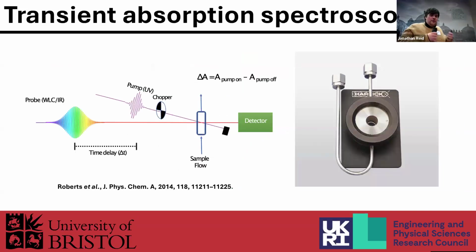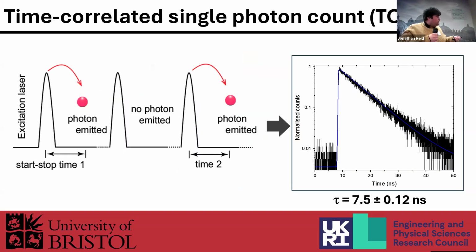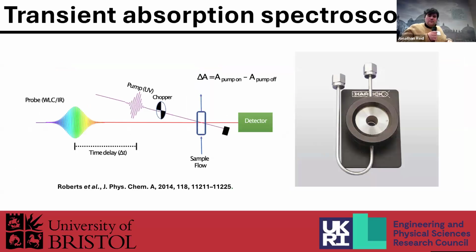Another technique we've been using is transient absorption spectroscopy. We pump our sample using UV light around 345 nanometers, about sunlight, and then we probe using a white light continuum, and we're able to see the time change of our molecule over femtoseconds, picoseconds, all the way up to milliseconds.